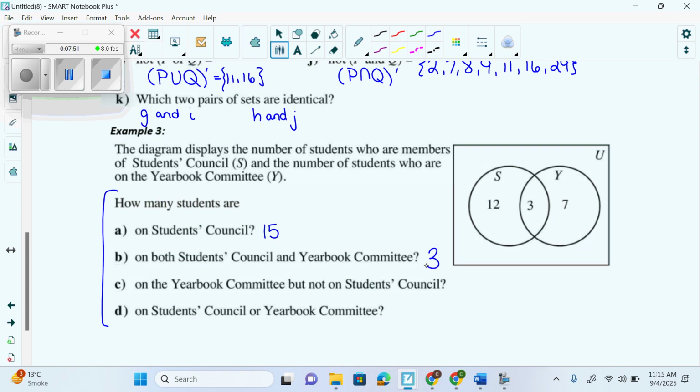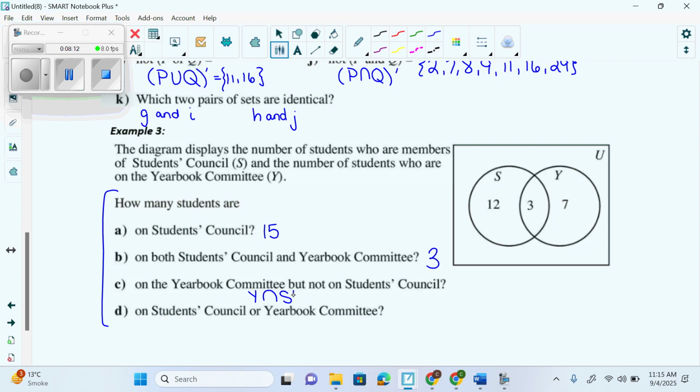The next one says, on the yearbook committee, but not on student council. So that's on yearbook, but not on student council. We have a complement, and we have an and. So that's going to be a crescent moon, correct?